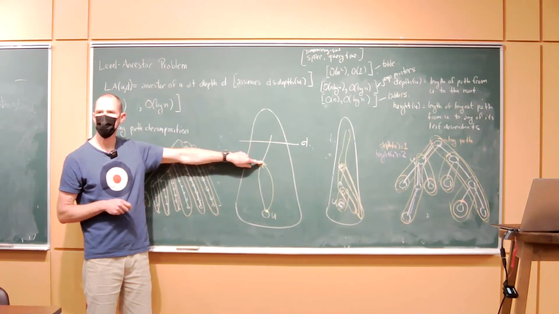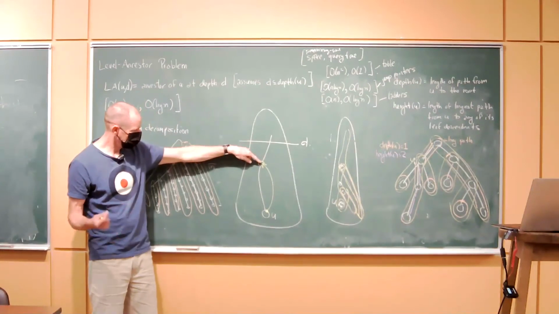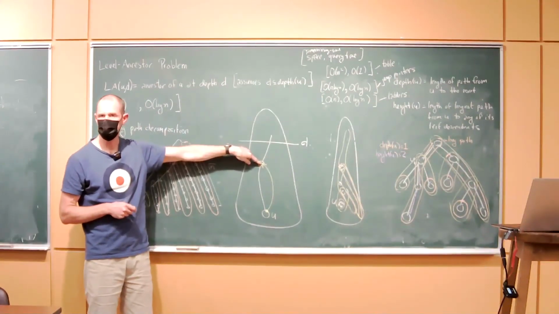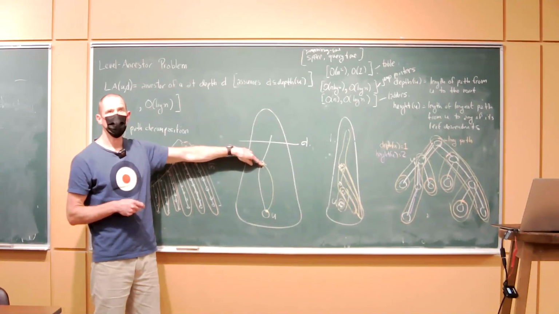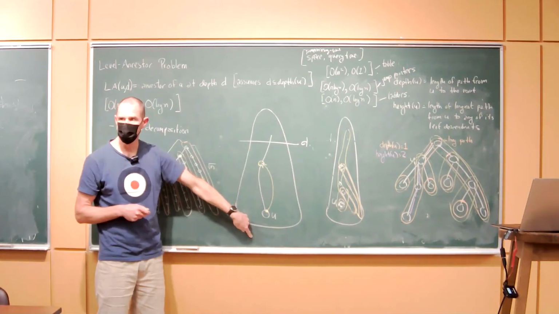And what do you know about this node? Well, in the long path decomposition, this is a path that contains this node and goes to the deepest leaf descendant of this node.